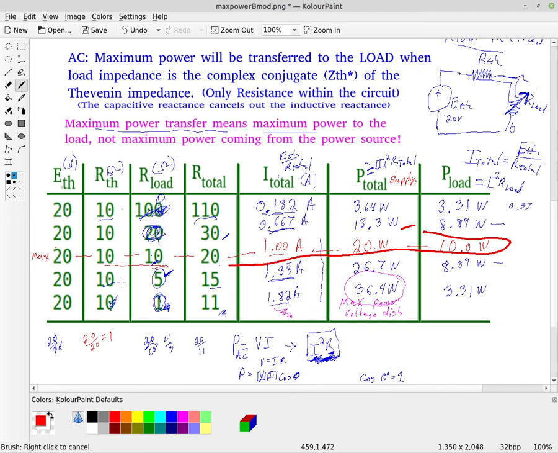Okay, that is when we receive maximum power. That is the maximum power transferred. Again, it wasn't actually the maximum amount of power supplied by the voltage source, but the maximum amount of power that actually got to our load.